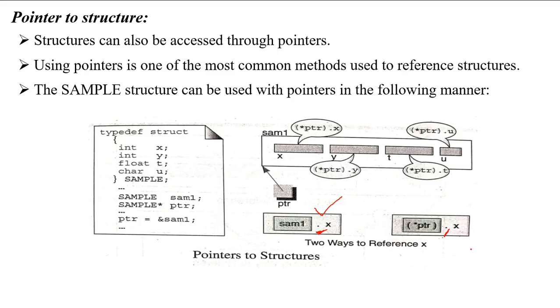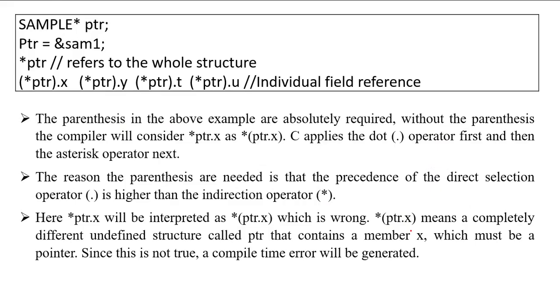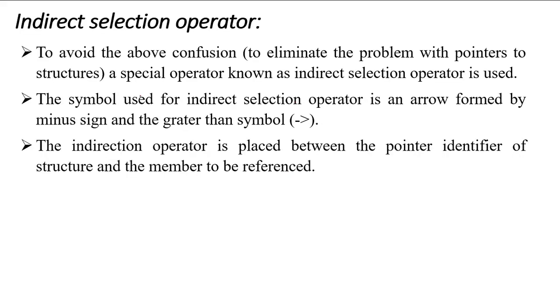But instead of going with this, we have a shortcut method to access the pointer fields, that is with the help of the arrow operator. We call it the indirect selection operator. Over here you can see this arrow operator. Okay, so this is not the indirection operator, this is the indirect selection operator.